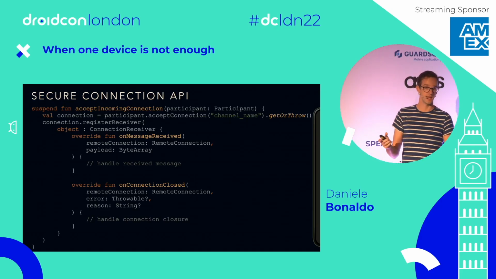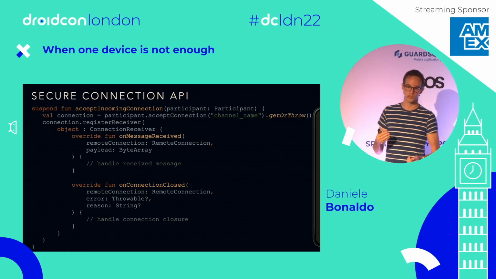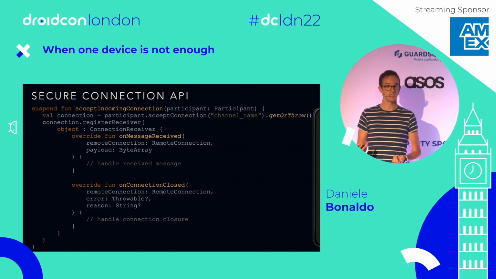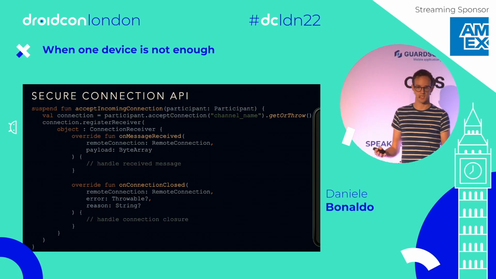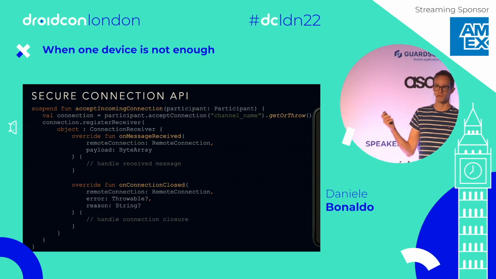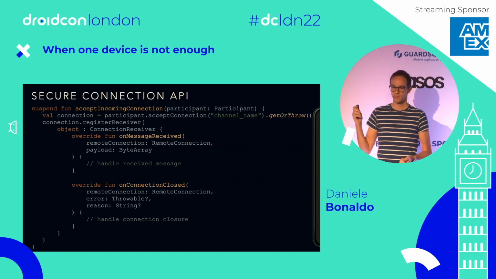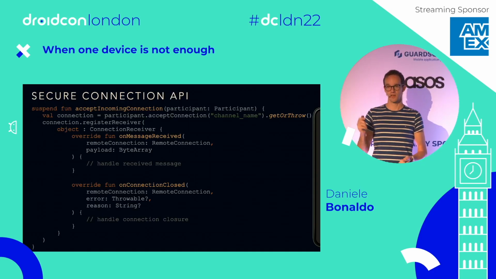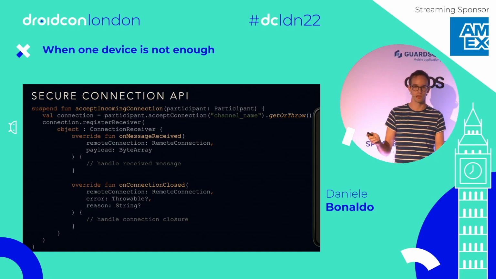This receiver, again, is going to be the same from both sides of the communication. So you're going to have two callbacks, basically: when you receive a new message, and then you see how to interpret it, or when the connection is closed, so you have to free up memory. Simple as that. Again, once you have this callback and you have an instance of the connection, you can simply have this bidirectional communication and implement it whenever you want in your application.